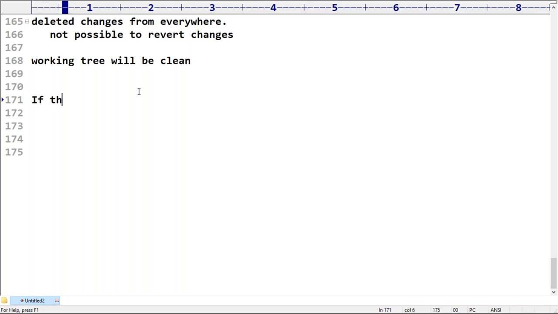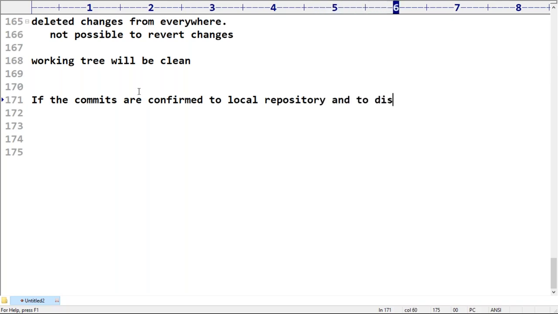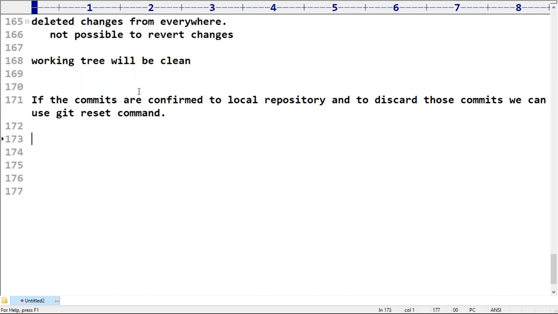If the commits are confined to the local repository, just the local repository, and we want to discard those commits, we can use the git reset command.